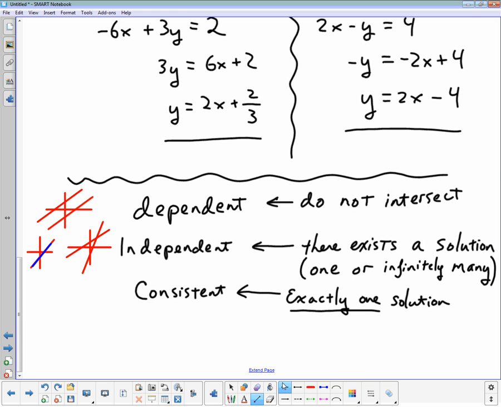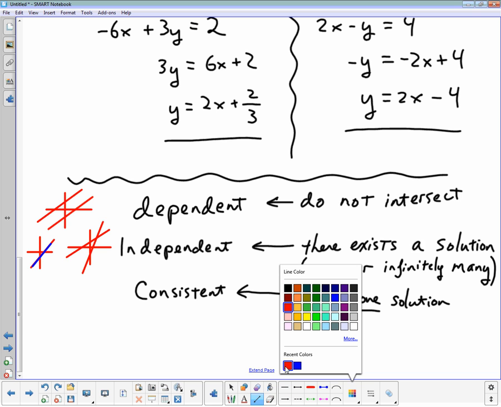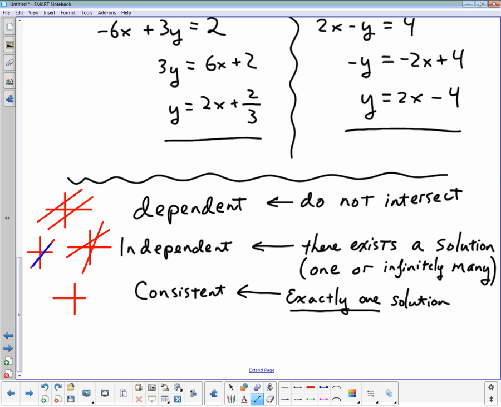And consistent systems, there's only one place where they intersect. All right. So consistent versus inconsistent are just specific designations behind independent. All right. But singular matrices produce dependent systems, ones that do not intersect. You wind up with an error of some kind.